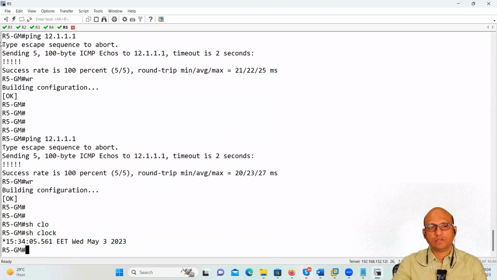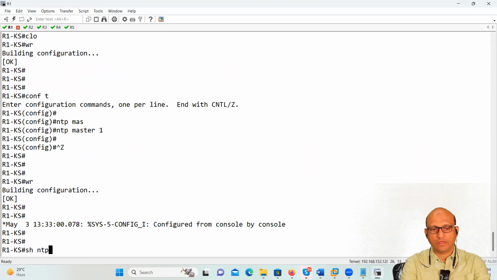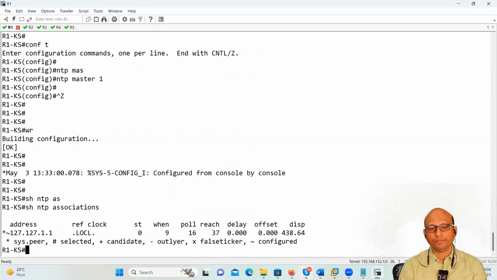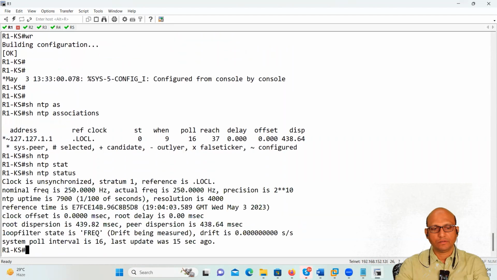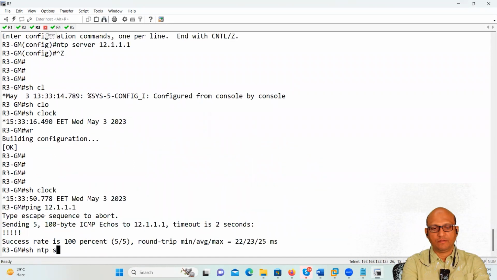After some time, they'll start syncing the clock from this. So when I say show NTP association, show NTP status, still not synchronized, take some time. Show NTP status.